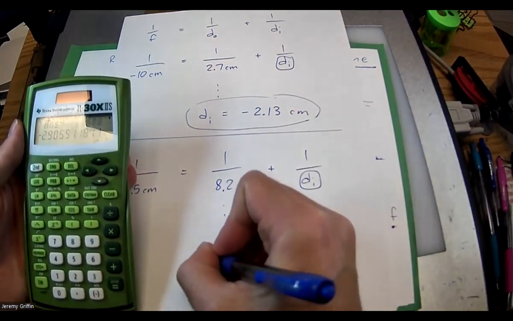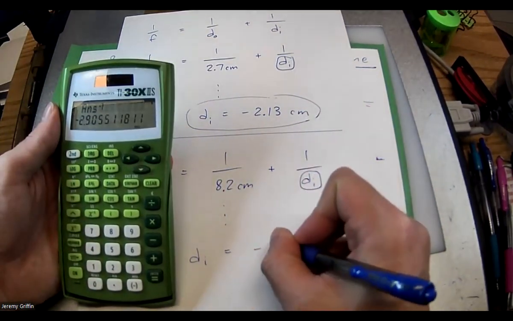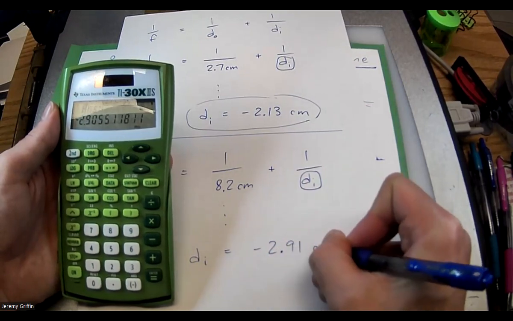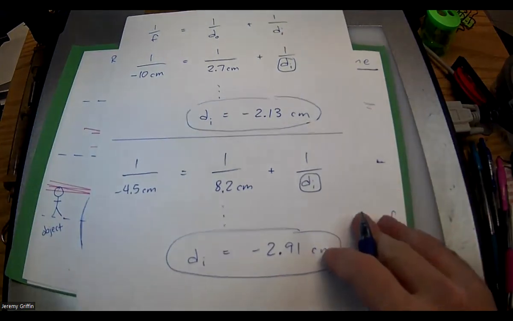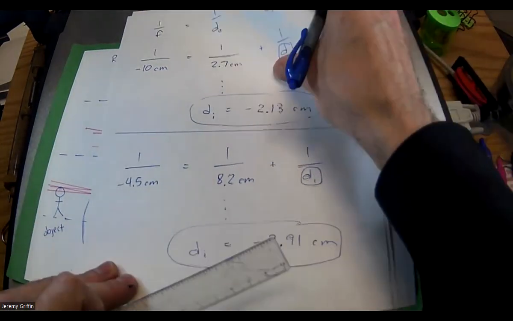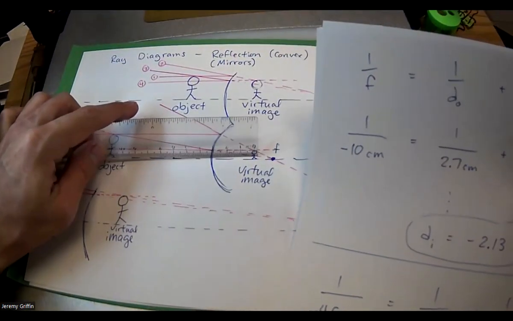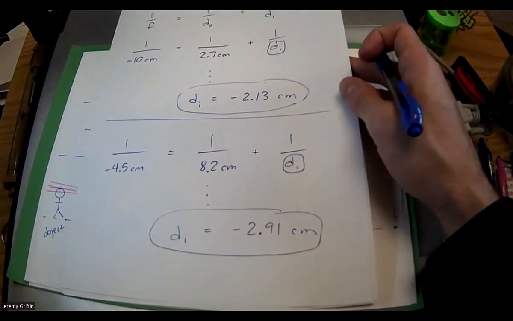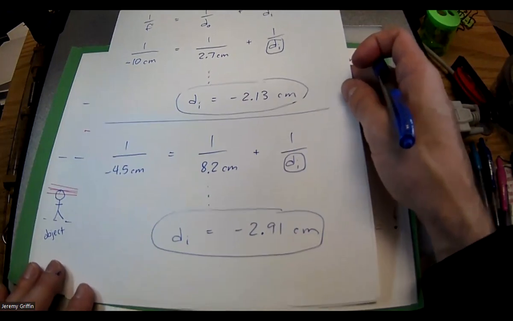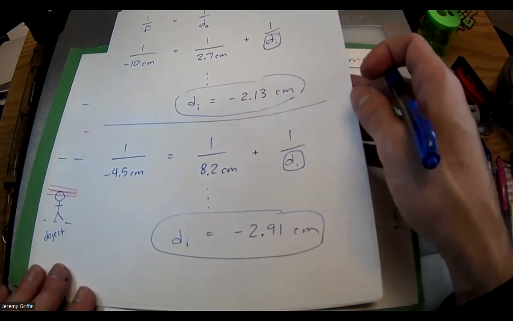Right, so I'm getting distance image is -2.91 centimeters. It's really close to what I was saying. I said -3.2, and this is -2.9. All right, like 3 millimeters off. So that's almost a perfect match.